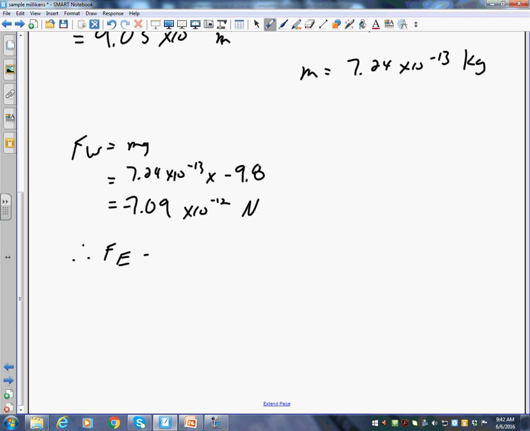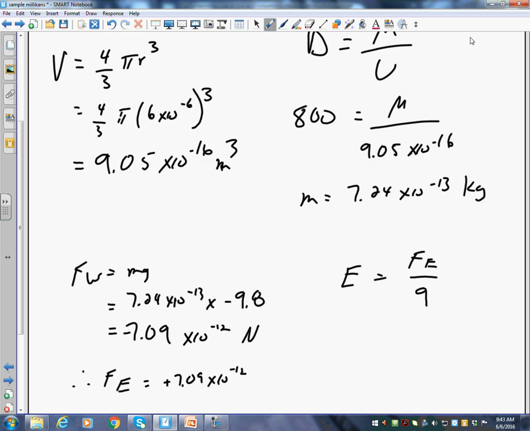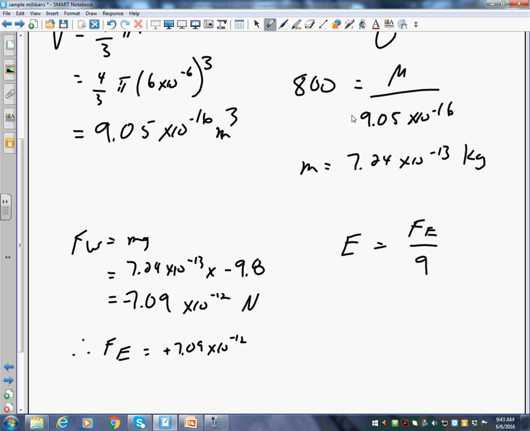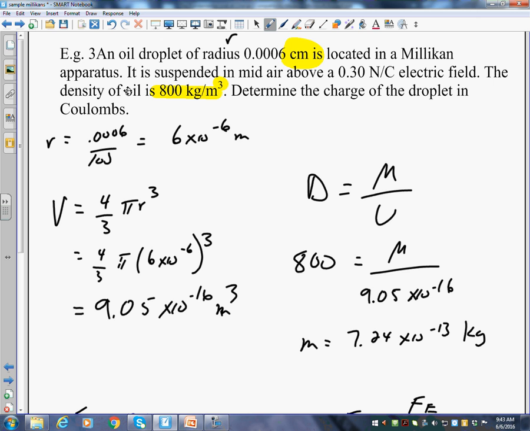Therefore, the electric field force is positive 709 times 10 to the minus 12. And now, last step, E equals F over Q. We're solving for charge. E was 0.3.